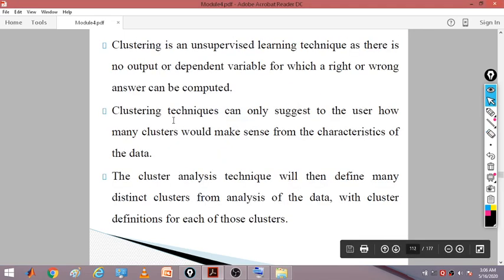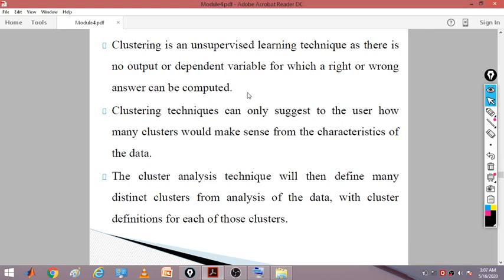Clustering is an unsupervised learning technique, where we normally don't have a dependent variable, that is, a target variable. There is no output or dependent variable for which a right or wrong answer can be computed. In supervised learning, like classification techniques or regression problems, we were always interested in finding the target value, doing predictions for new instances of data.